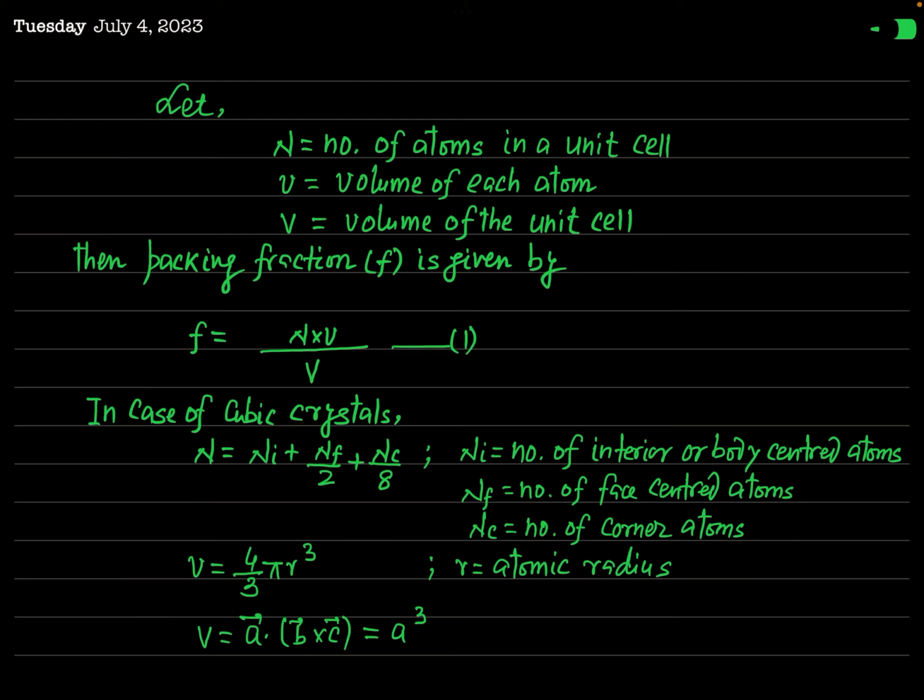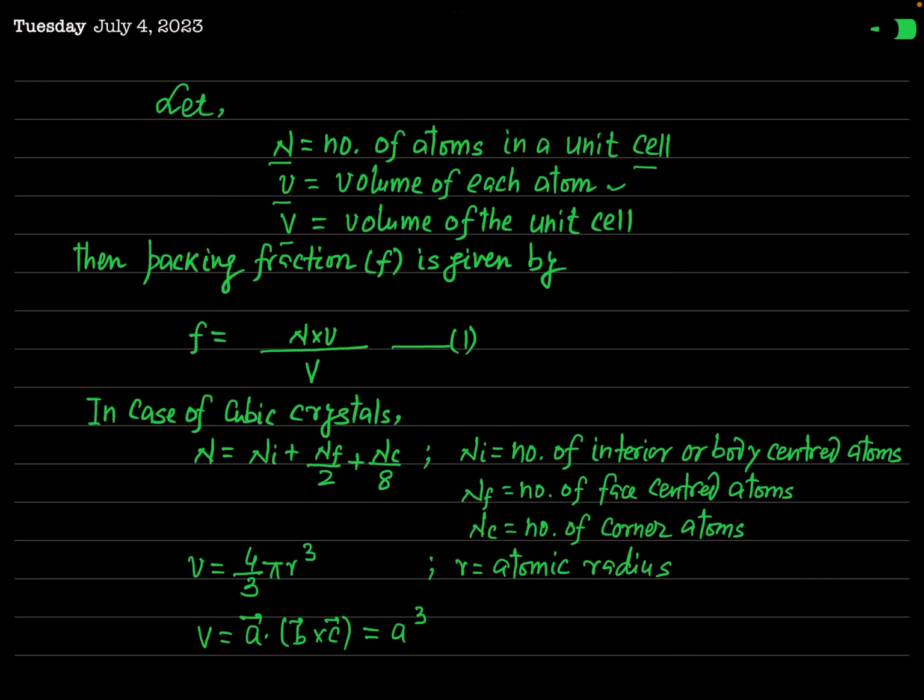For this, let us consider that n represents the number of atoms in a unit cell. And small v, I have assumed, is the volume of each atom, because the volume of each atom will be the same. And capital V represents the volume of the unit cell.